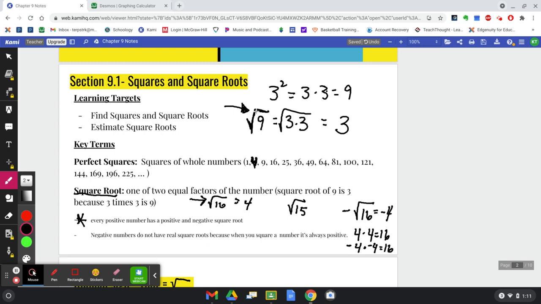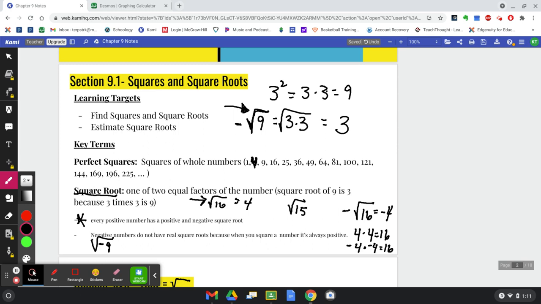The root symbol is called the principal root, and that's implying the positive. If it wants you to find the negative, it puts it out in front. It says, what is the negative root of 9? Now, not to be confused with the square root of negative 9. That's impossible. Negative numbers do not have real square roots.